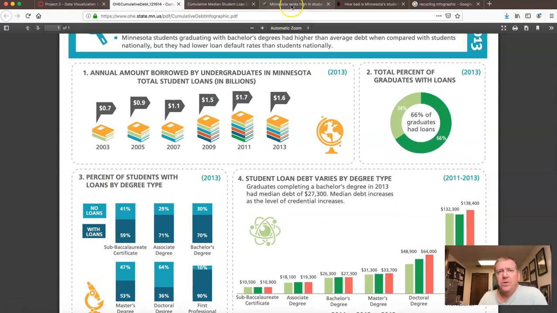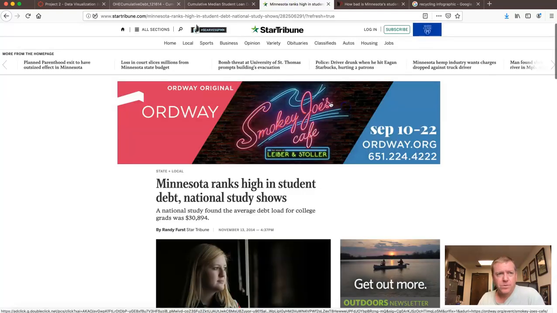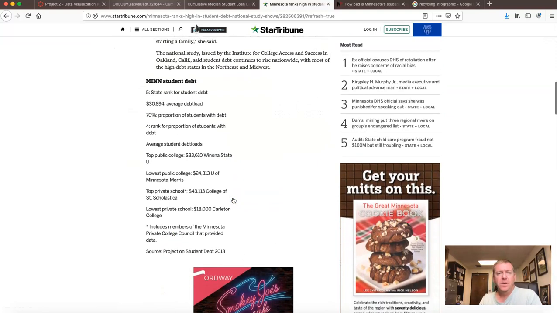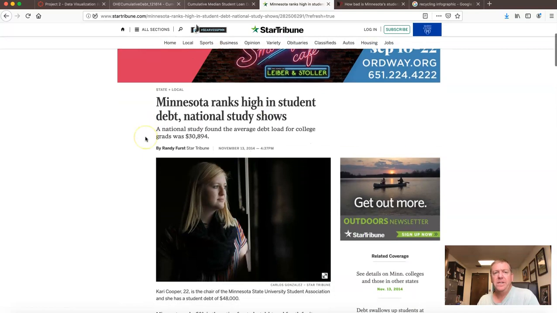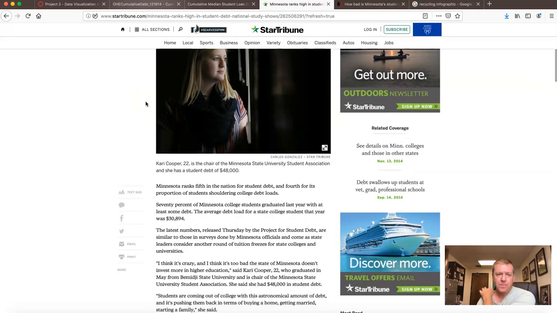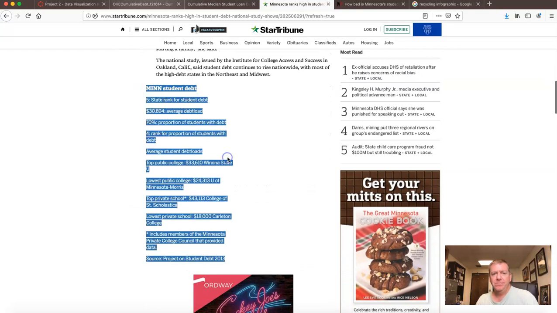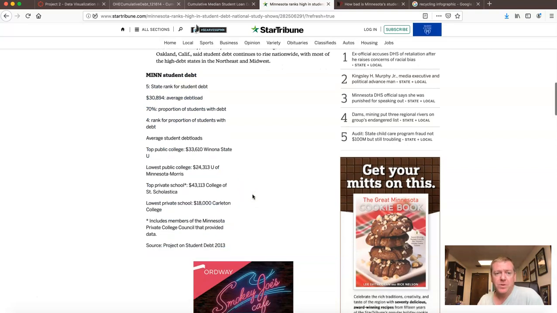Let me show you another article that also has some of that tabular information. In this article, Minnesota ranks high in student debt, national study shows. You simply have this list of data. It's not even provided as a table, no graphs or anything.